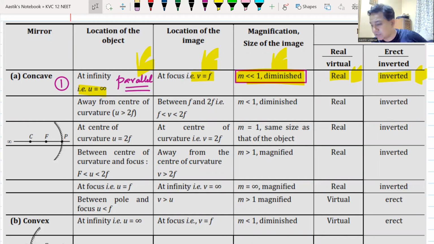So right now you just need to note down point number one: the object is at infinity and the image is formed at the focus. Shall I move ahead? Yes, sir. Noted?